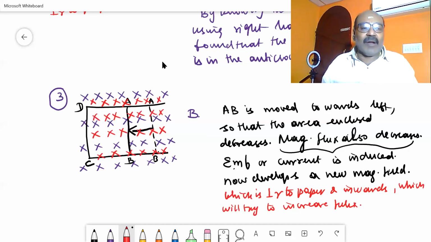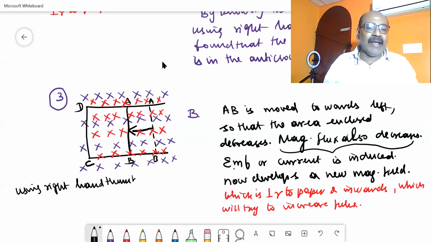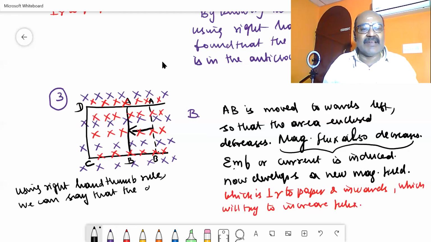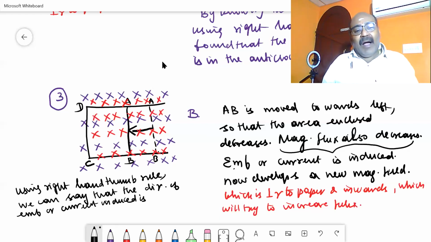So using what I can do now? Using the right hand thumb rule, we can say that the direction of EMF or current induced is in clockwise direction.